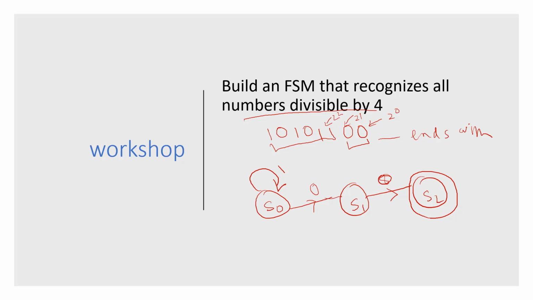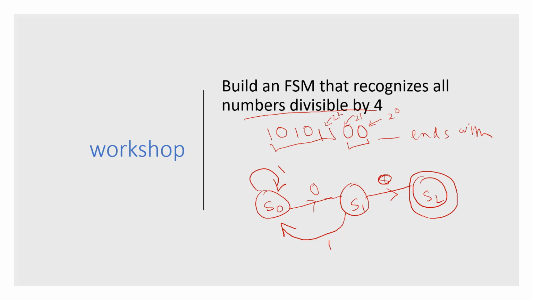Let's think about this. Now, if you're in S1 and you see a 1, what should I do? I would say we need to go back to S0, because that means you're not going to get 2 consecutive zeros. But if you see a 0, you can go forward to the next state.